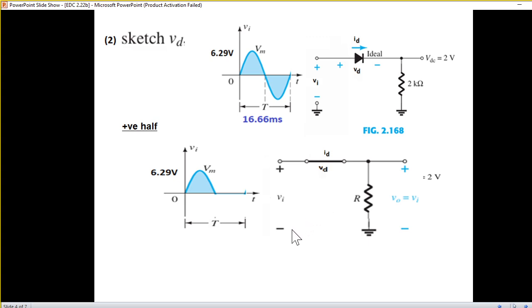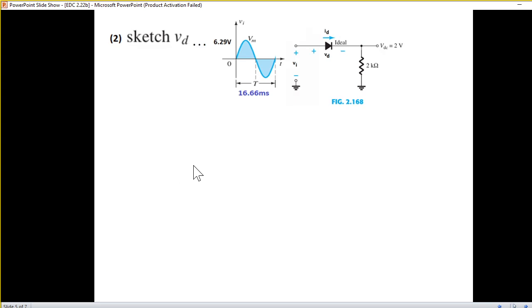You can see the total input voltage will appear across this resistance because there is no resistance in the diode. And so VD should be 0. This is the output, total input voltage appearing here, and so no voltage here. VD is 0. So we can plot it like this, that for the first half cycle VD will be 0.